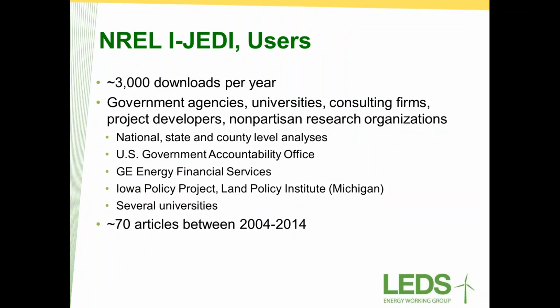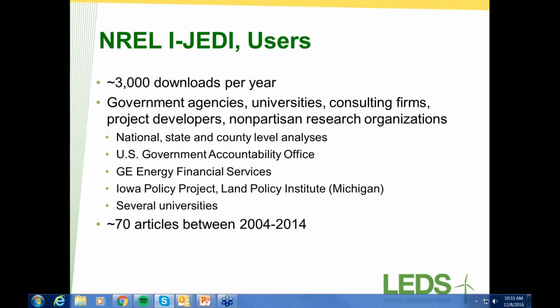More specifically, we've seen that the model has been used at the national, state, and county level analysis, and specific examples of users include the U.S. Government Accountability Office, GE Financial Services, the Iowa Policy Project and Land Policy Institute, policy research nonprofit organizations, and several universities.